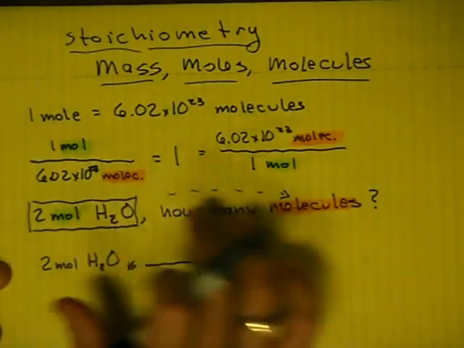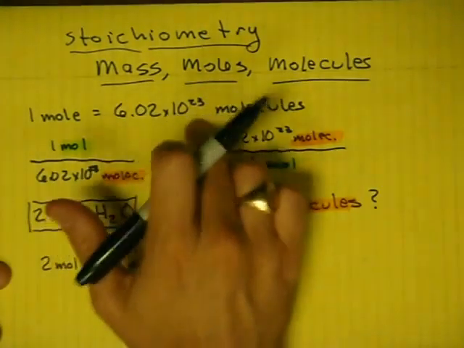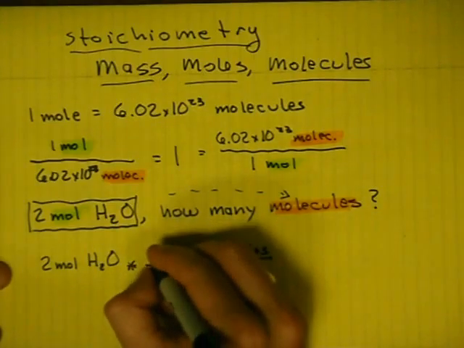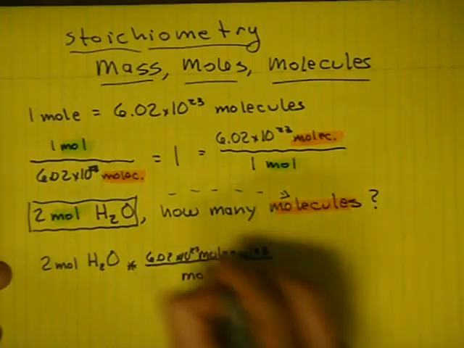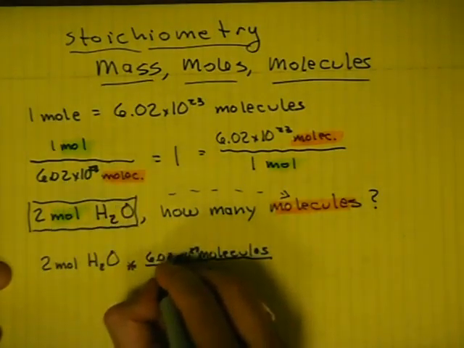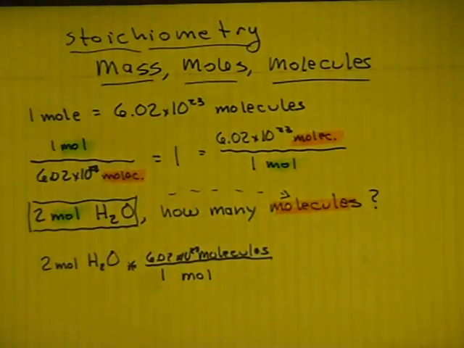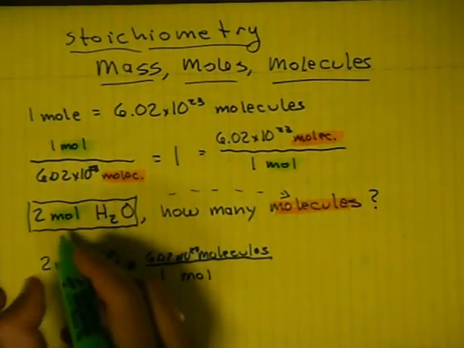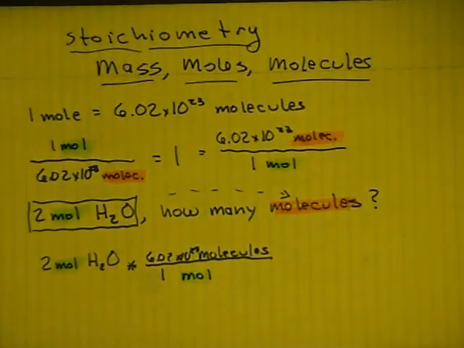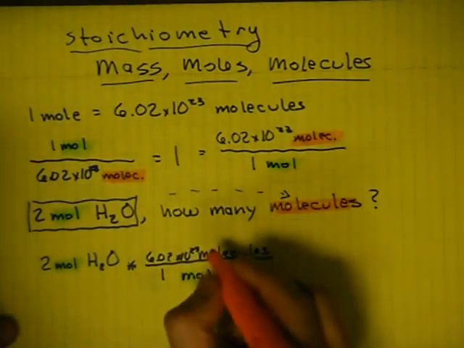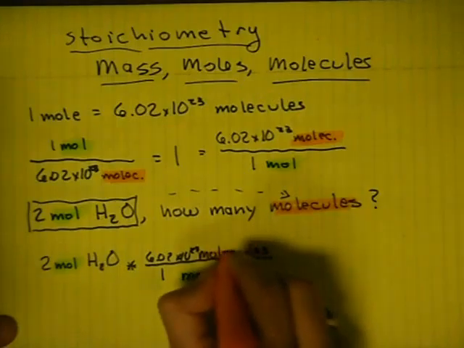And from this relationship, we know that 6.02 times 10 to the 23rd goes with molecules, and that's equal to 1 mole. So here we've got moles on top, moles on bottom, and molecules on top.